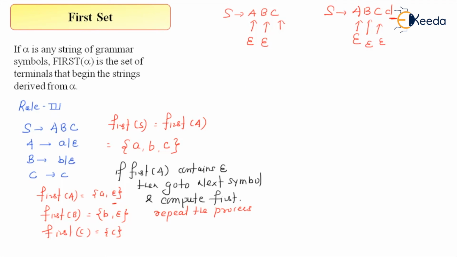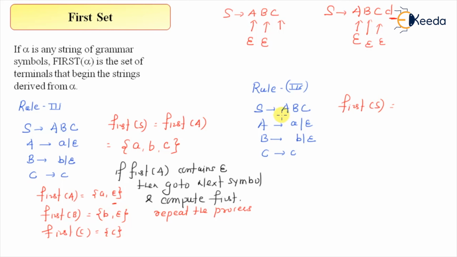Rule 4 now, I think you can guess what rule 4 is. It is nothing but an extension of rule 3, and it says that if S derives A, B, C, and A derives small a or epsilon, B derives small b or epsilon, capital C derives small c, and again we are computing first of capital S. You can use the previous rule here.